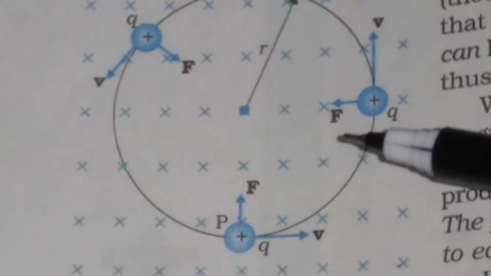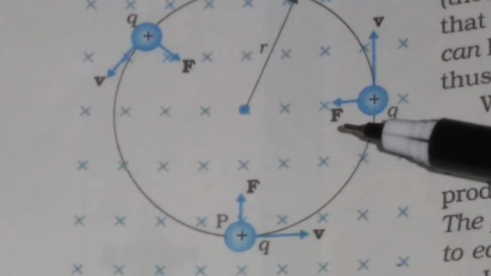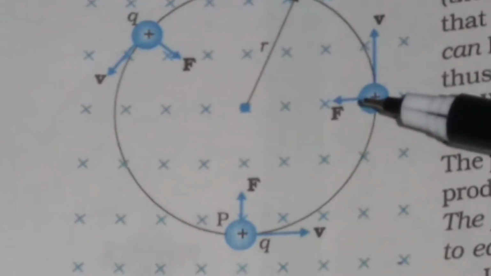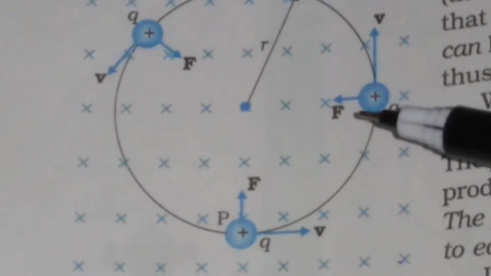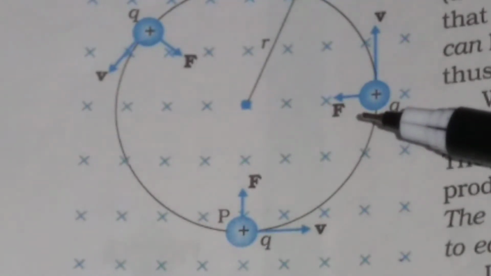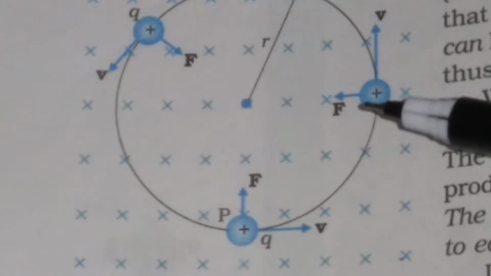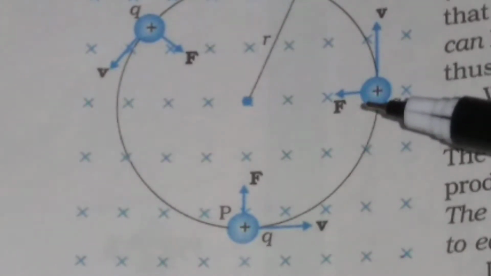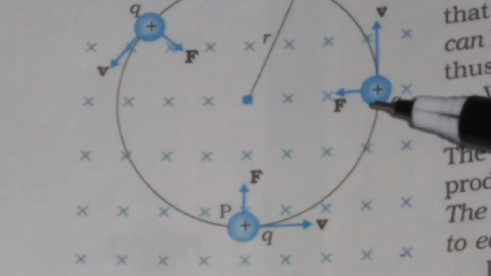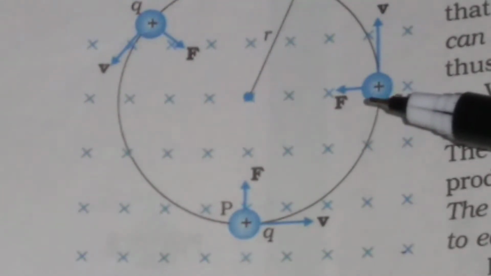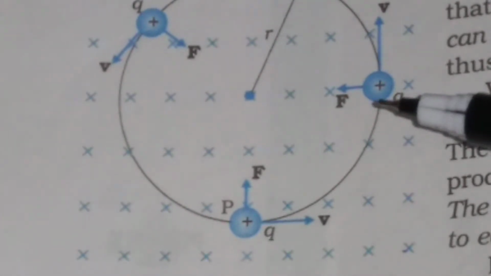And this magnetic force will produce a centripetal force, because we know centripetal force has no origin of its own; it originates from other forces. So the magnetic force in the negative direction of the z-axis will produce a centripetal force in the yz plane.